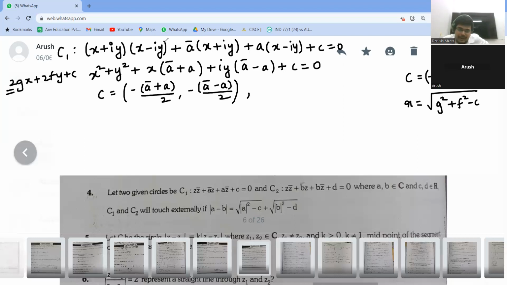And the radius will be root of g square plus f square minus c. See, when we square this and add, doing a bit of smart work, the answer on adding will come to 2 times (a bar square plus a square) upon 4, minus c.